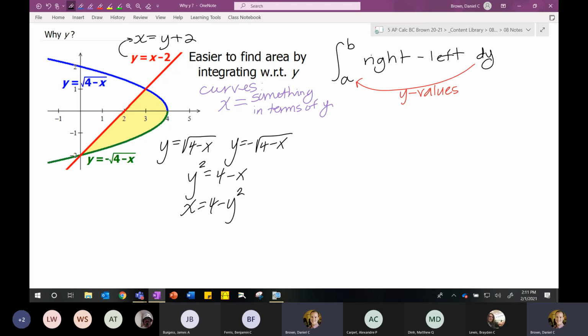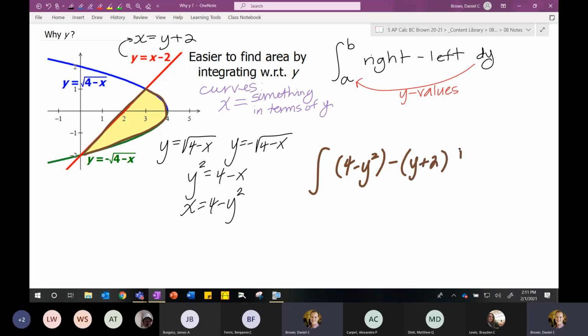So if I want to go ahead and set up the integral for this one, we are in terms of y, so it's just going to be one integral. The right function is going to be the horizontal parabola, so the right function is going to be that 4 minus y squared. The left function is going to be the line, which in terms of y would be y plus 2.